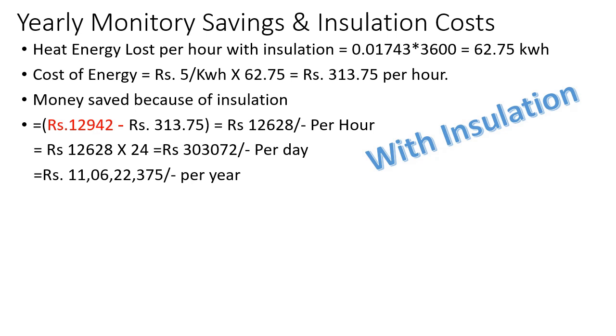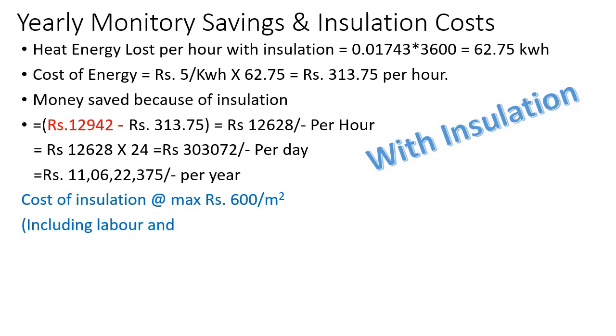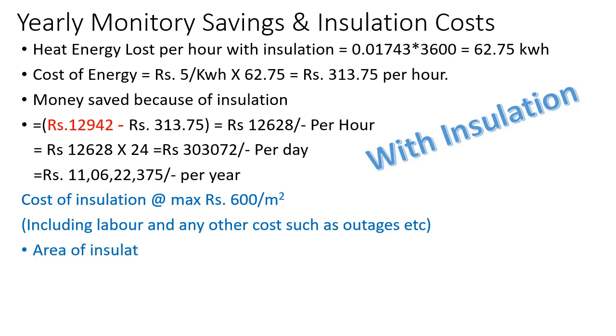And now we talk about the cost of insulation. The cost of insulation at the max is around rupees 600 per meter square. This includes the labor and any other costs, such as outages and so on, that you will require. We calculate the area of insulation for just 3 meters length, which would come to around 0.629 square meters.